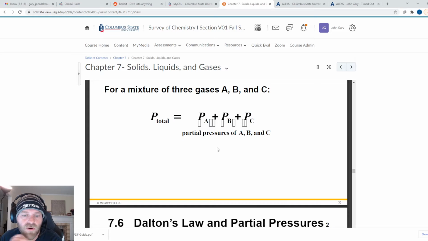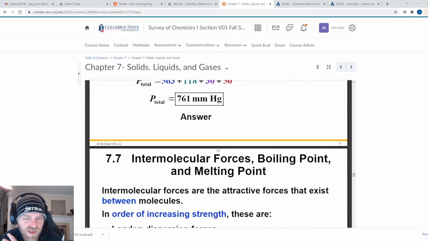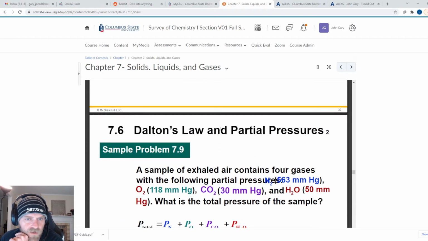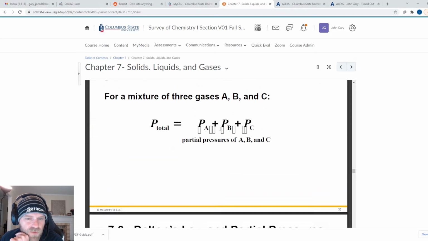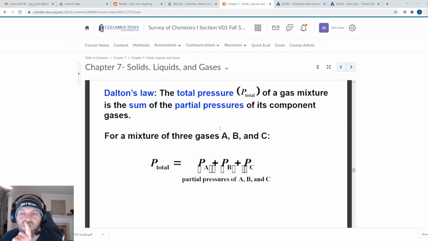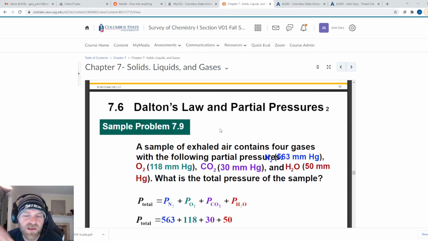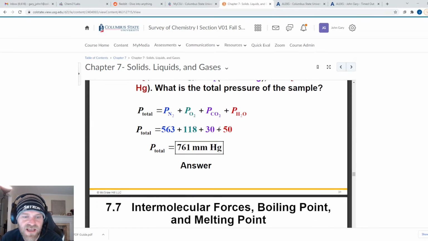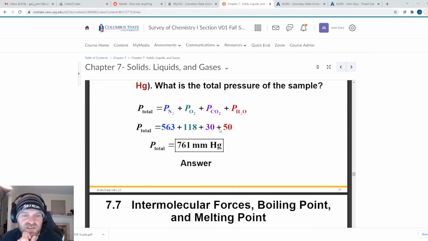Dalton's law and partial pressure. All of the partial pressures added together equals the total pressure of the system. So this is just straight addition.